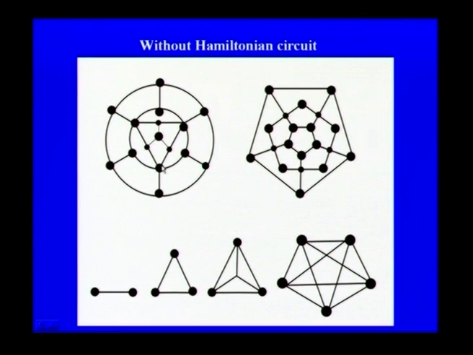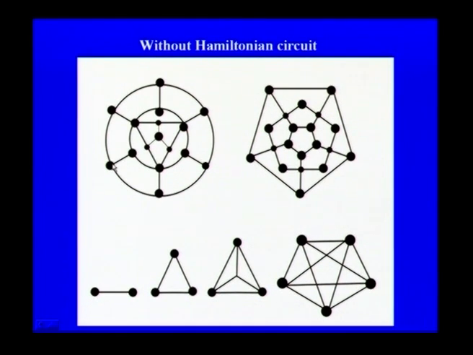So, 9 edges have to be excluded from the Hamiltonian circuit, and here there are 3 edges incident on this, of which only 2 you can take. So, 1 you have to omit here. Similarly, from here you have to omit 1, from here 1, and from here 1 edge.